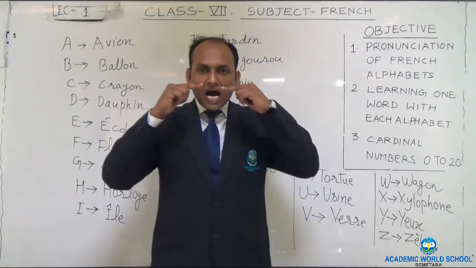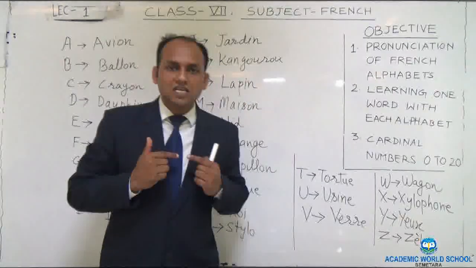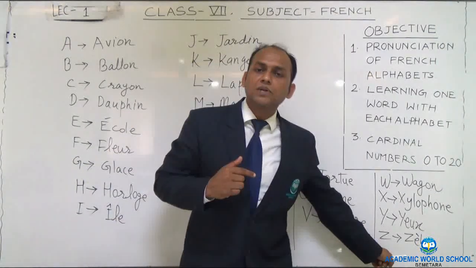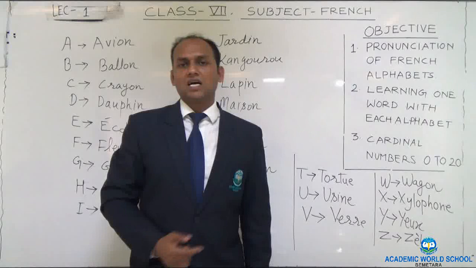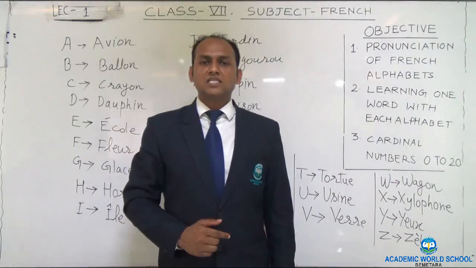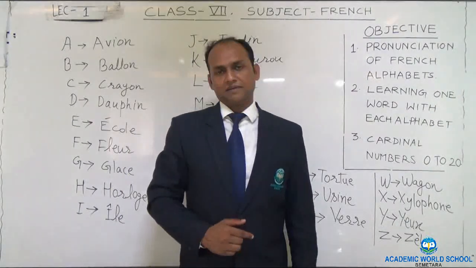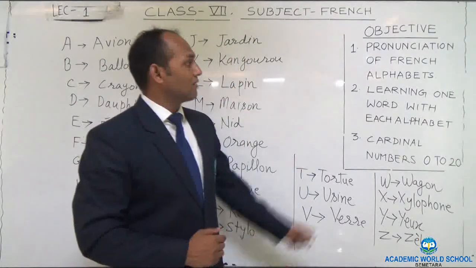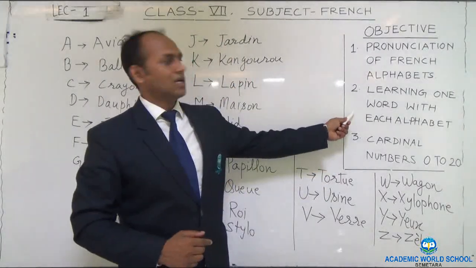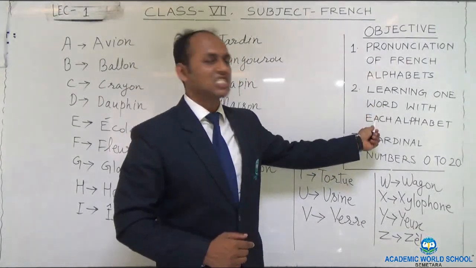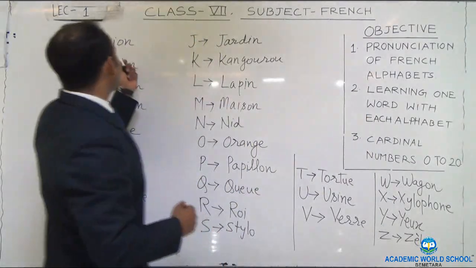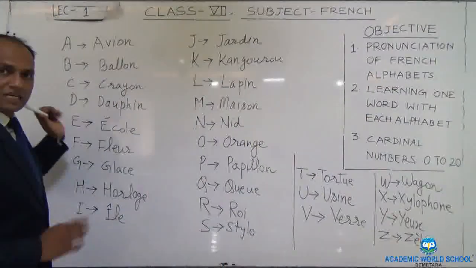Oreille, ear. Yeux, eyes. Zèbre, zebra. Alright, so we have completed the second objective as well, learning one word with each alphabet.